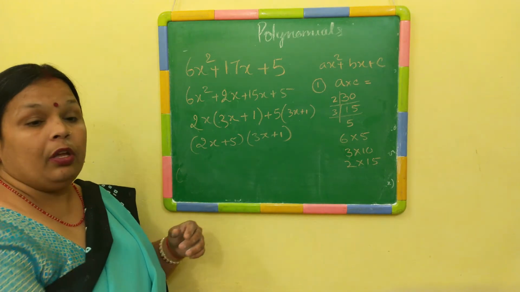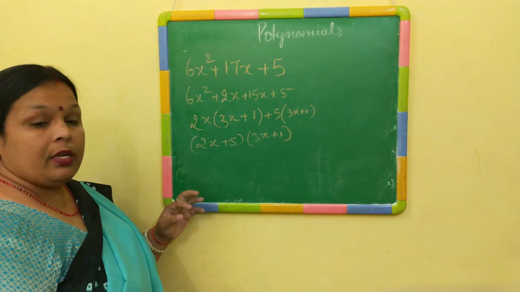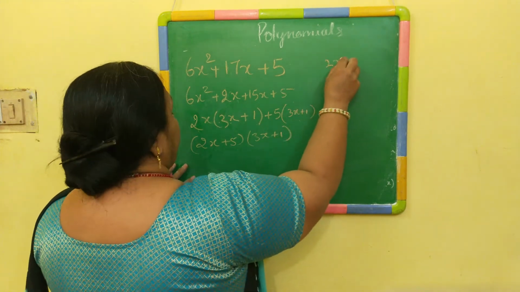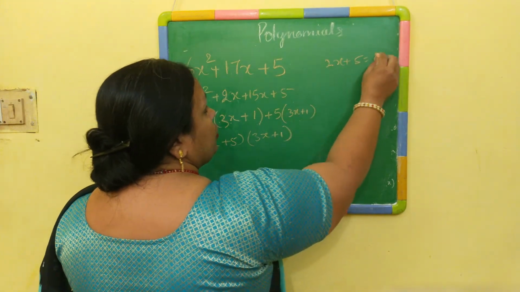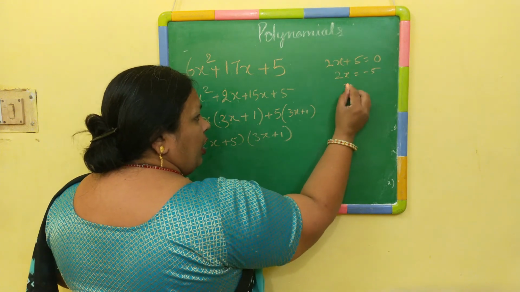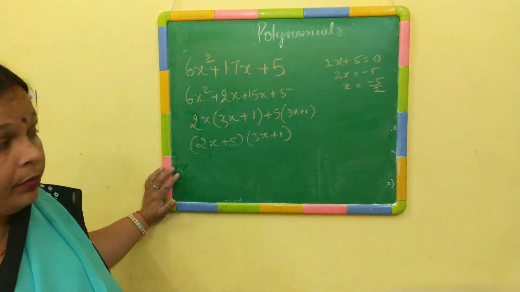Now let's check how it is practically working. If you take 2x plus 5 equal to 0, that means 2x equals minus 5 and the x value will be minus 5 by 2. Clear?